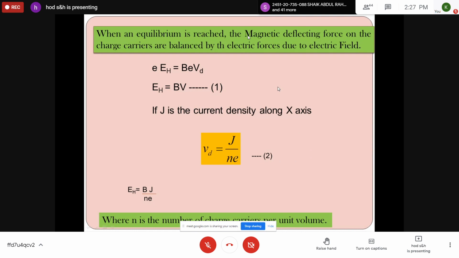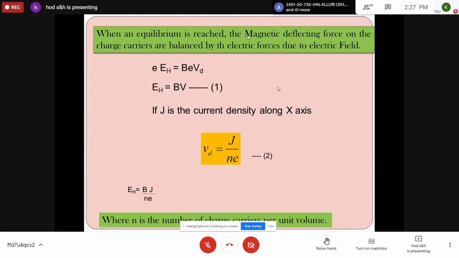One is the current flowing through the material, and another is the applied magnetic field. So the magnetic deflecting force on the charge carriers is balanced by the electric force due to the electric field. The force experienced because of the magnetic field is represented by e times vD, and the electric force is represented by e times EH, where EH is the Hall field and vD is the drift velocity.